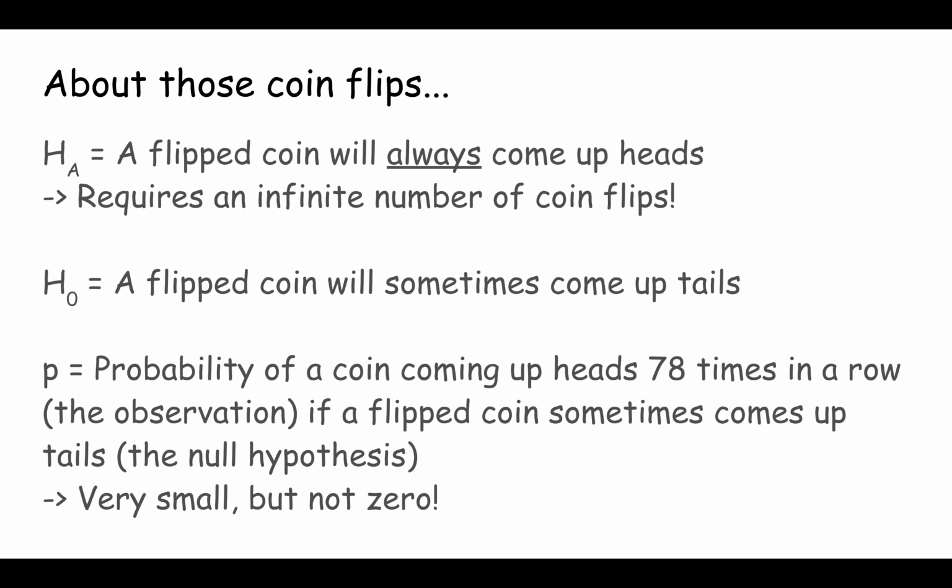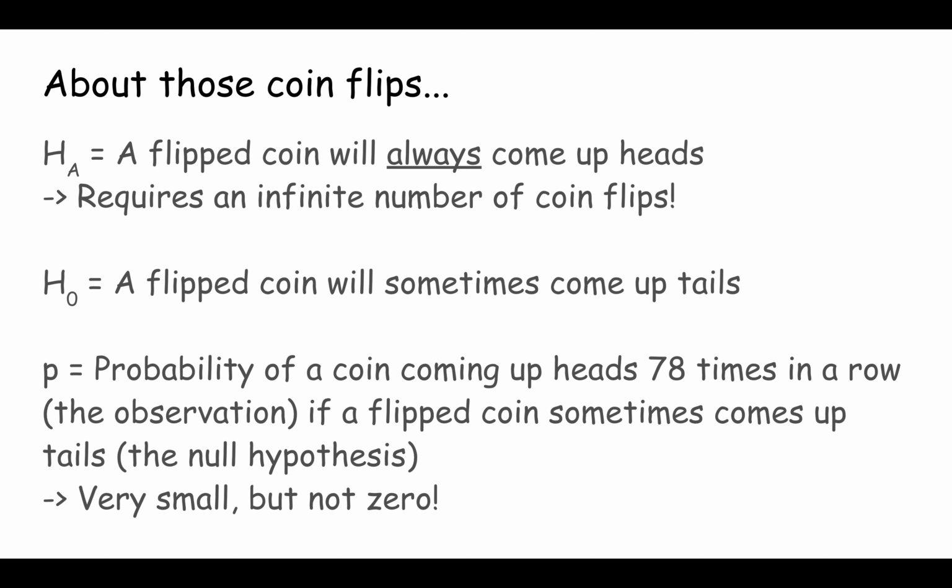So let's go back to those coin flips from the video. If your alternative hypothesis is that a flipped coin is always going to come up heads, that would require an infinite number of coin flips to prove that it's true. Your null hypothesis would then be a flipped coin will sometimes come up tails.